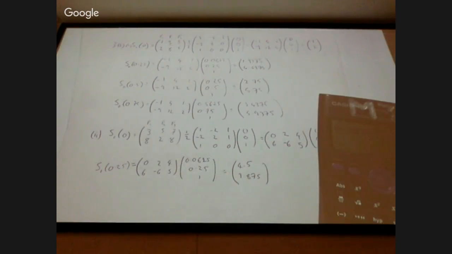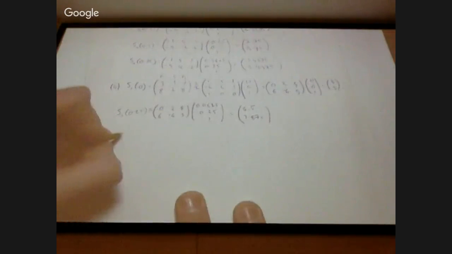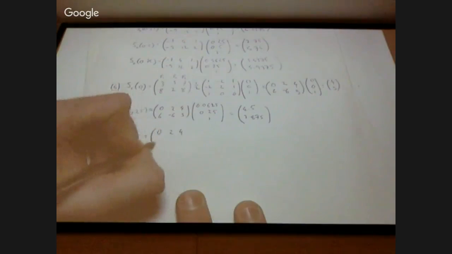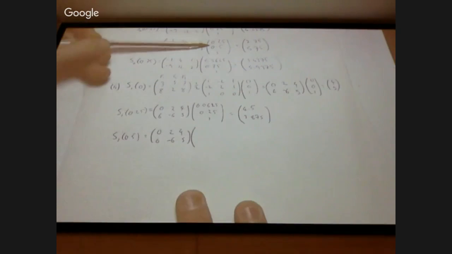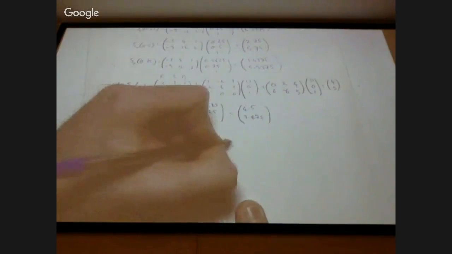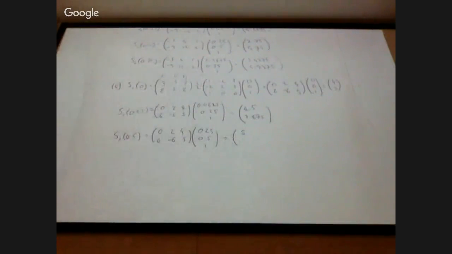Okay, now we carry on. Again, the hard work's been done, so just copy that matrix down, and that's our vector we're multiplying by there: 0.5 squared, 0.5 and 1. So that's 2 times 0.5 is 1 plus 4, so that's 5. Then 6 times 0.25 minus 6 times 0.5 plus 9.